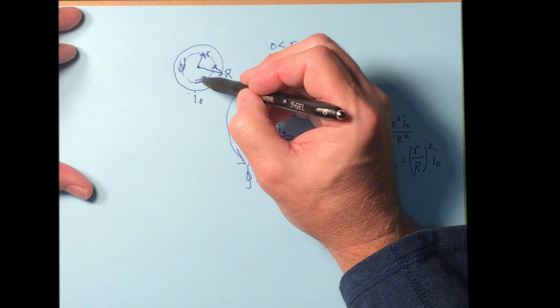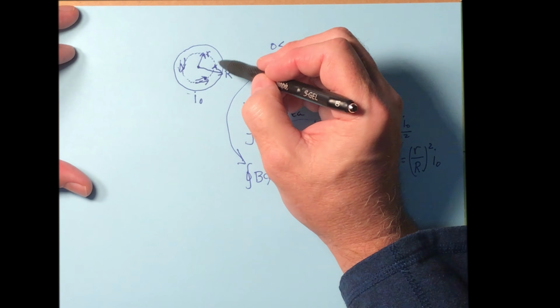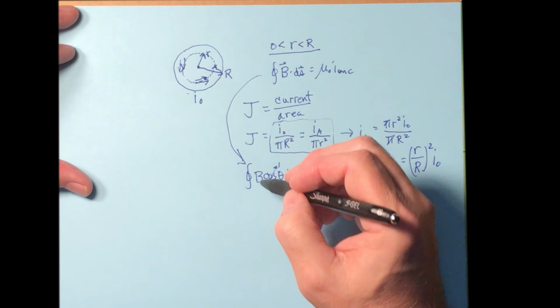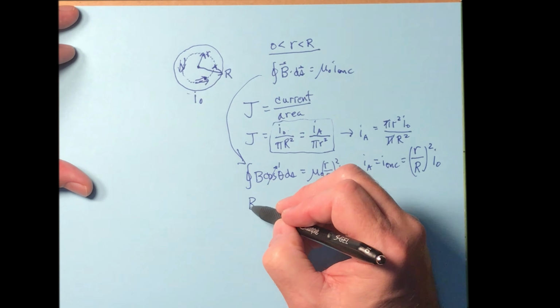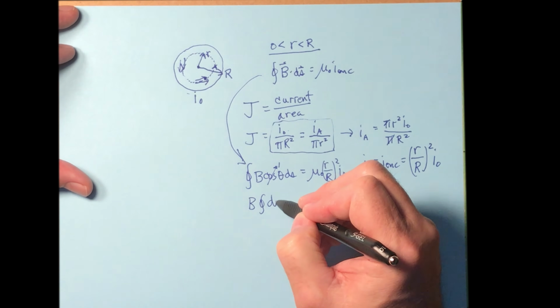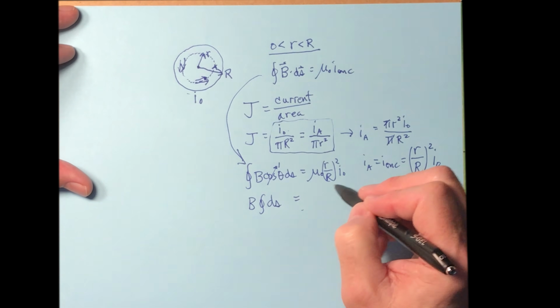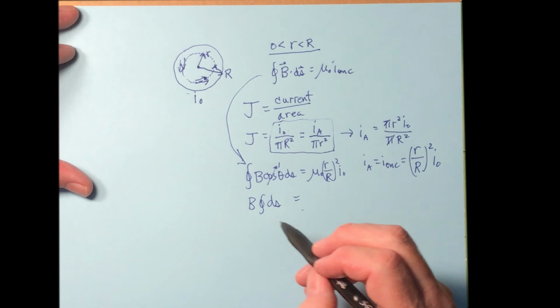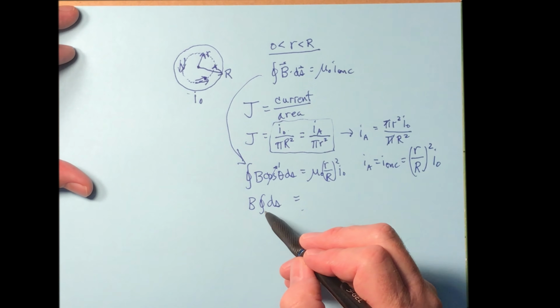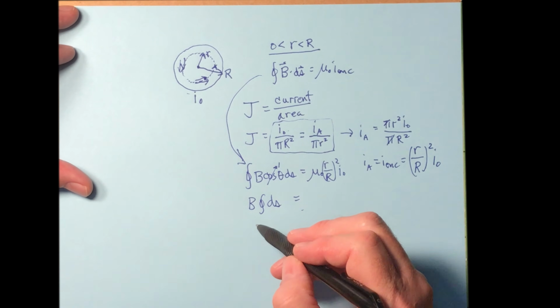Why? Because the loop is chosen in such a way that it is centered in the wire. So b is constant. We'll factor it out. Closed integral ds is equal to this stuff on the right here. All right, what is closed integral ds? That's the circumference of our loop.